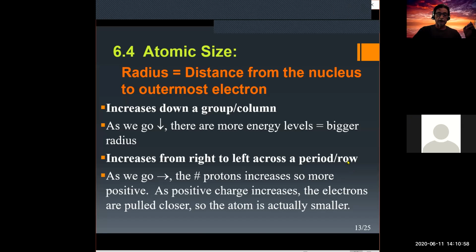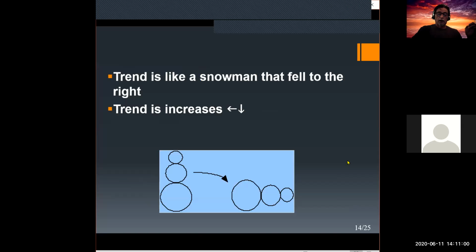Okay, let's go back to the slide. This snowman helps give you the trend, where the head of the snowman represents a radius, and the bottom part of the snowman represents another radius. So you can see going down the periodic table, the radius gets bigger. Take that snowman and tilt it, knock it down, and you can see that from left to right, the radius gets smaller.